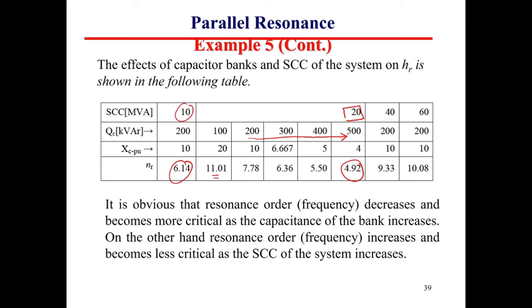Increasing it to 500 kilovar at the same short circuit level will reduce the harmonic order to around 5. And this is the summary. So the resonance frequency decreases as the capacitance of the bank increases, so as the size of the capacitor bank increases.